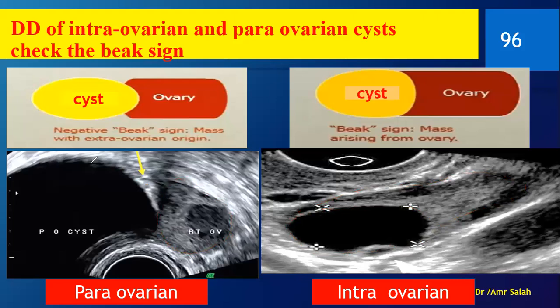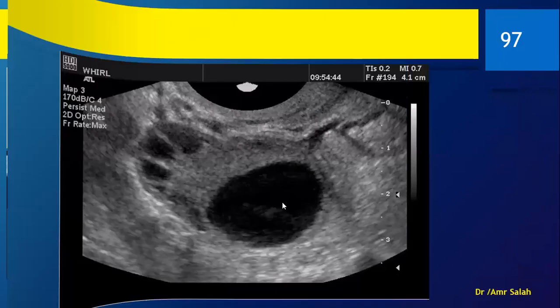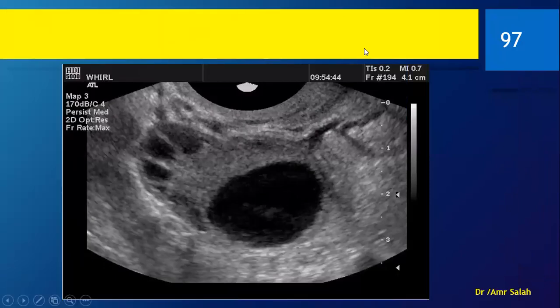This is how we know whether this is ovarian or para-ovarian. Again, let's draw it. This is the cyst. Now, where is the ovary? Quite clearly, this is the ovary, as the follicles look like the ovary.